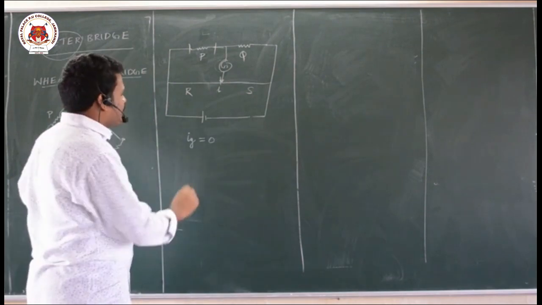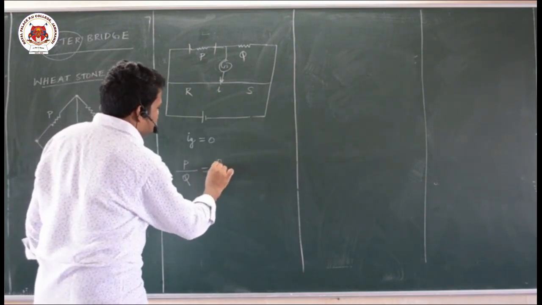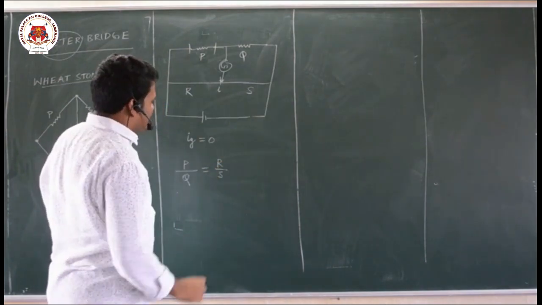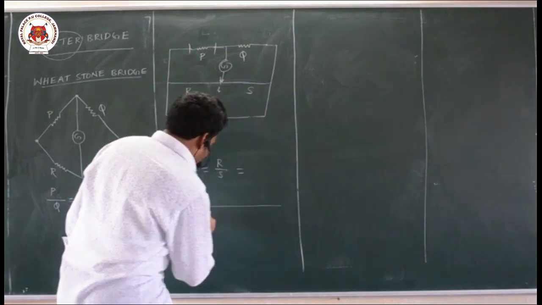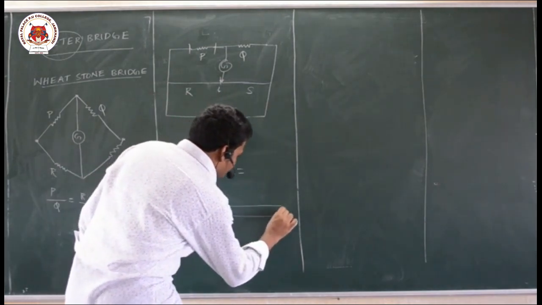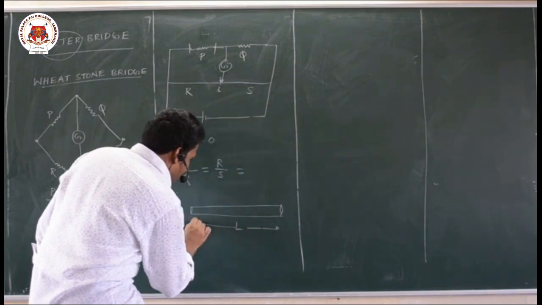So according to the Wheatstone bridge principle, P by Q is equal to R by S. Let us take the total length of the wire as 100.